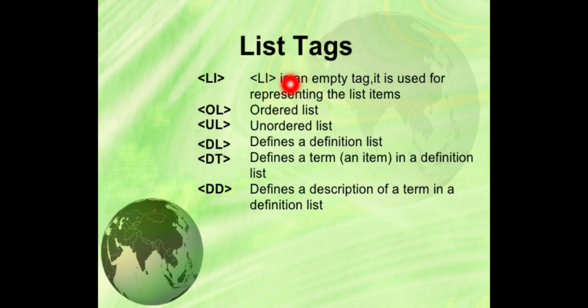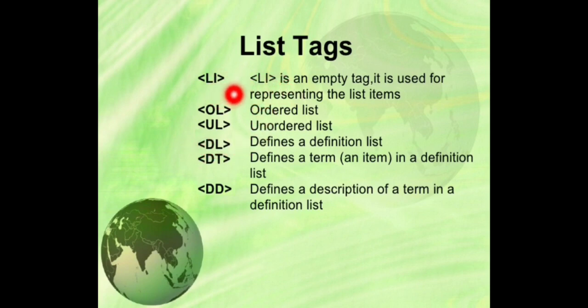Now list tags. There are three types of lists that we have to study: ordered list, unordered list, and definition list. Got it? And these other tags are supportive tags.